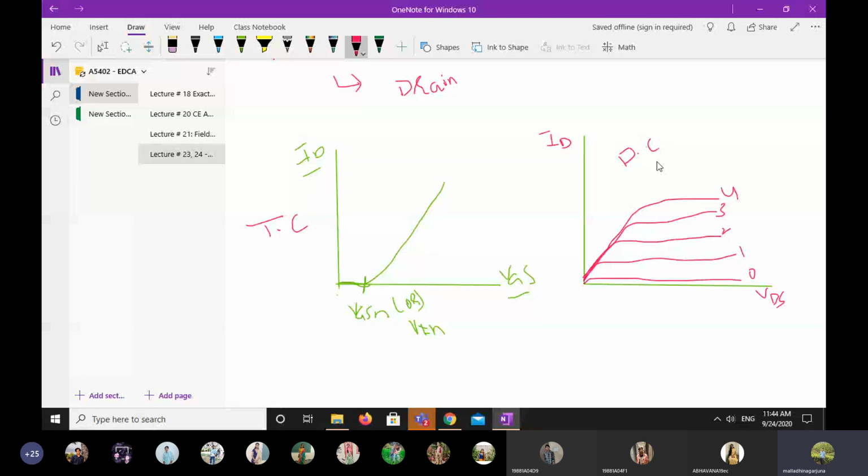VGS is increasing, VDS is decreasing. Okay, then what are you saying? Sir, we will get current, no sir? You will get current, but the current will be decreased. Less current you will get.